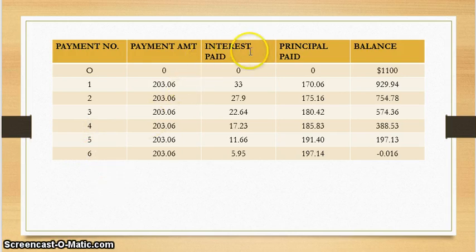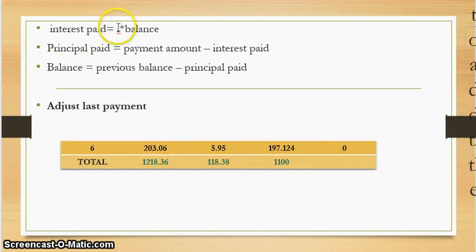Then interest paid. How do we calculate the interest paid? The interest paid is calculated by interest times balance. Which interest are we using?